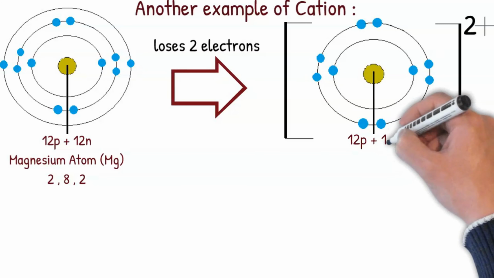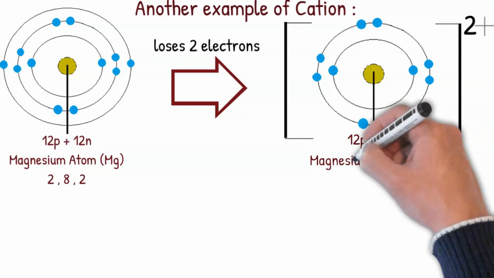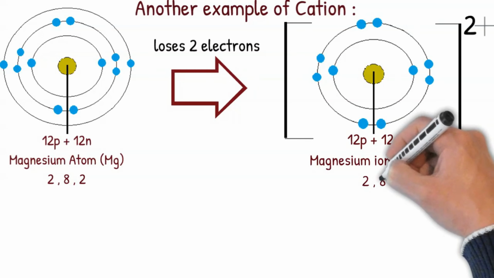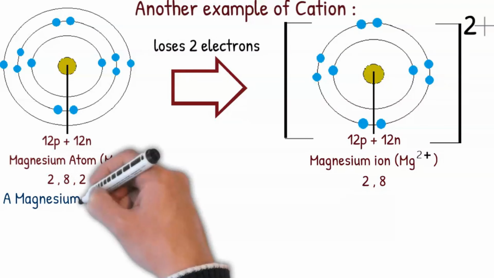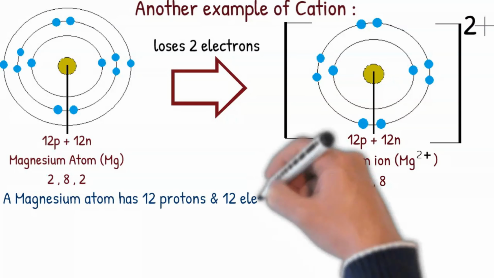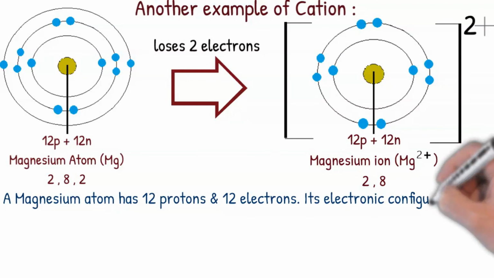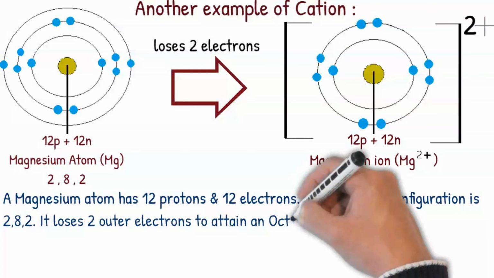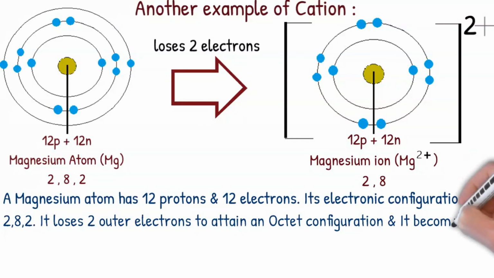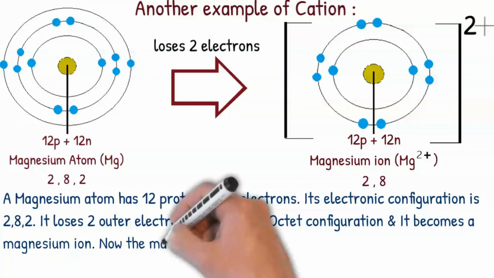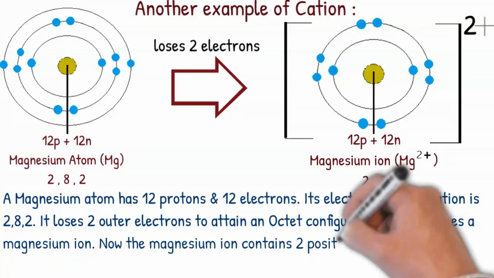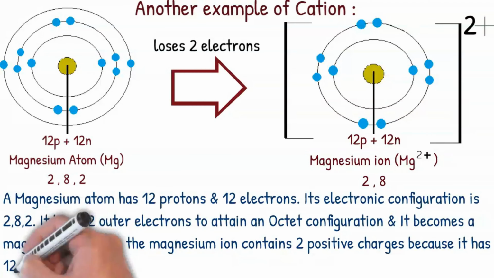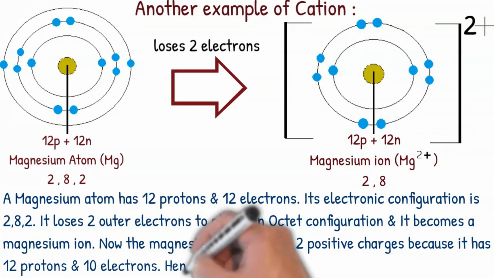As magnesium has lost 2 of its electrons, its electronic configuration is 2, 8. A magnesium atom has 12 protons and 12 electrons, its electronic configuration is 2, 8, 2. It loses 2 outer electrons to attain an octet configuration and it becomes a magnesium ion. Now the magnesium ion contains 2 positive charges because it has 12 protons and 10 electrons, hence it has the symbol Mg2+.